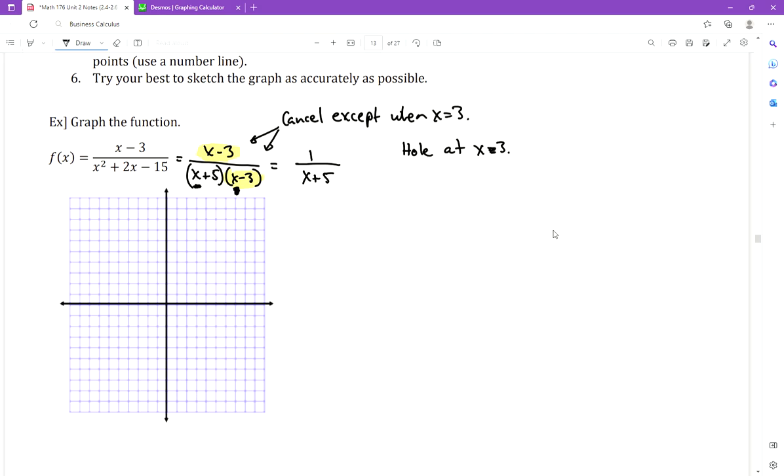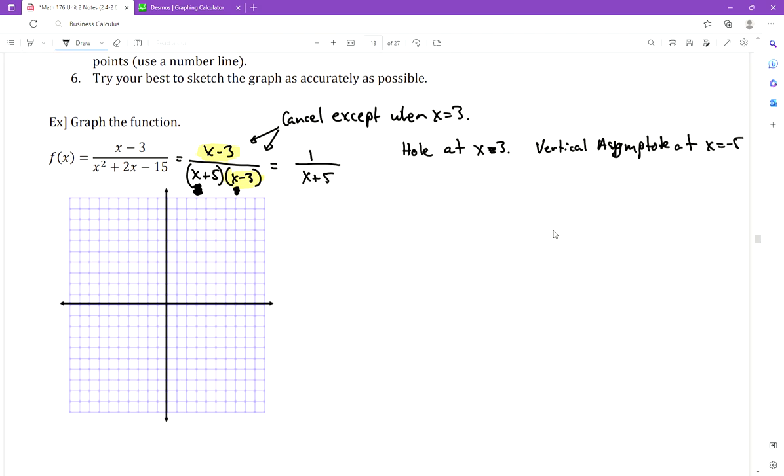And then we also look at this part here, where I'm also now bolding. If I were to plug in -5, what we would have instead is a vertical asymptote at x equals -5.